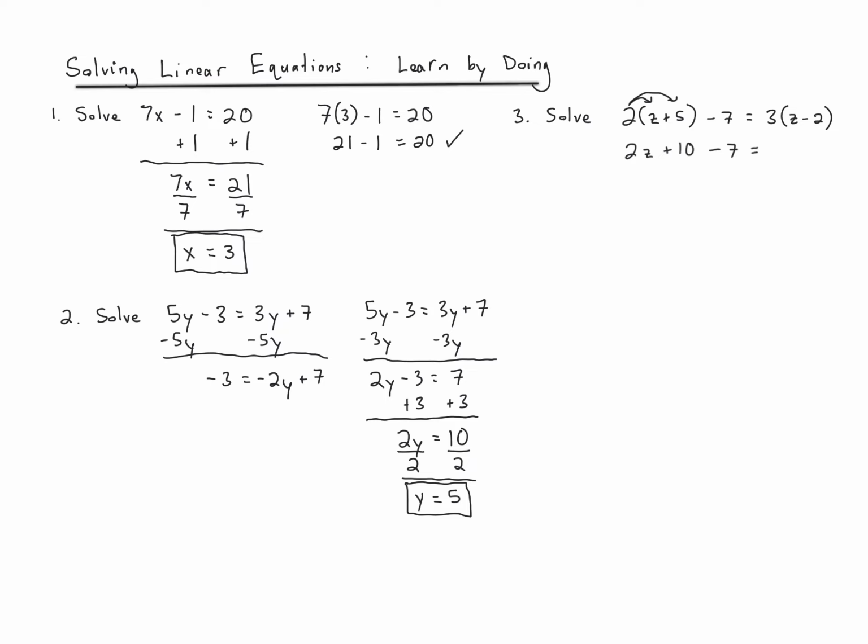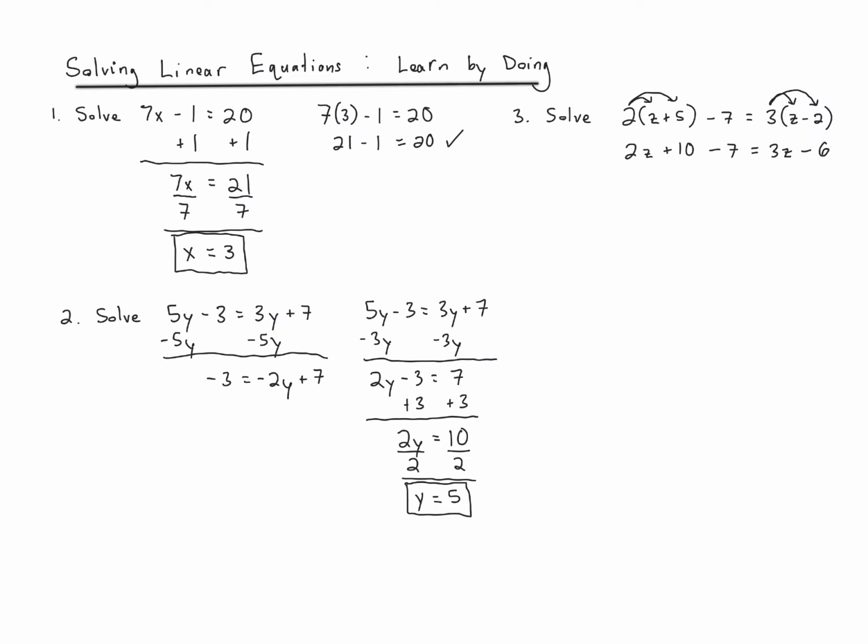On the right, what happens when we distribute the 3 to both of the terms in the parentheses? First, we multiply 3 by z to get 3z, and then we bring down that subtraction, and then 3 times 2 gives us 6, so we end up with 3z minus 6. Good.